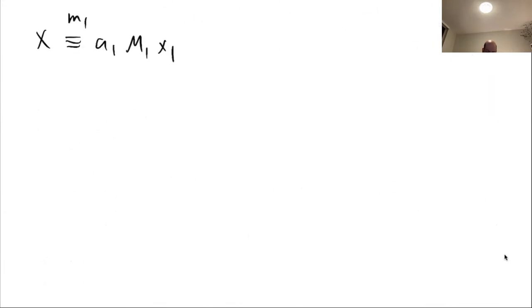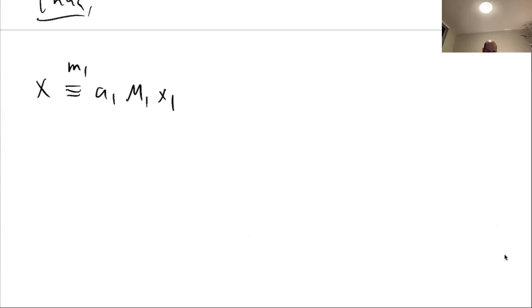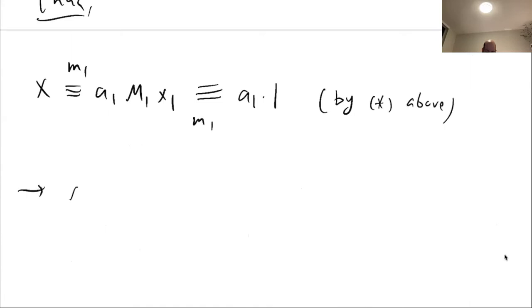So M1 X1 mod M1 is 1. So this is A1 times 1, by star above, mod M1. That means X is A1 mod M1. So I showed that X is A1 mod M1.